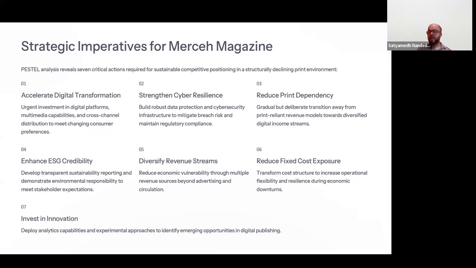Develop your cybersecurity measures, reduce dependency on the print platform, work more on the ESG part of it, because that is something which will help to really build your business. Then diversification of revenue streams, not depending just on advertising or just on subscription. See if there are other avenues possible. Reduce fixed cost exposure. When you move to digital, I think that can be reduced to a great extent.